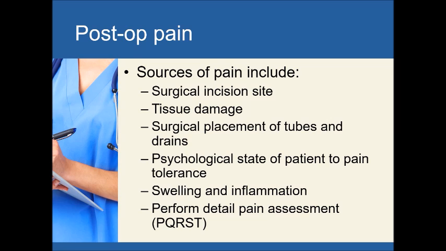Swelling and inflammation obviously can cause some pain, mainly because the swelling starts to occupy space under the skin, inside the body, and starts pushing around some nerves, squeezing them, leading to pain.